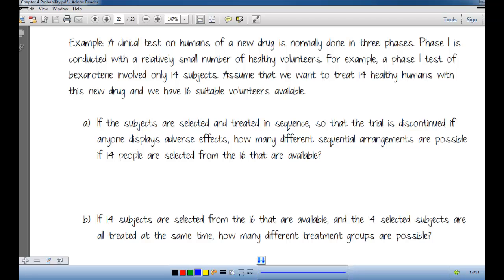Yes. Okay, they're taking their time. They're not just throwing the treatments out there. It looks to me like they're giving a treatment to a person, waiting a period of time before they give it to the next. Because if they see some adverse effects, they stop the treatment altogether. So in this case, I would say 16 P 14, which still comes out to be a large number, as I recall.